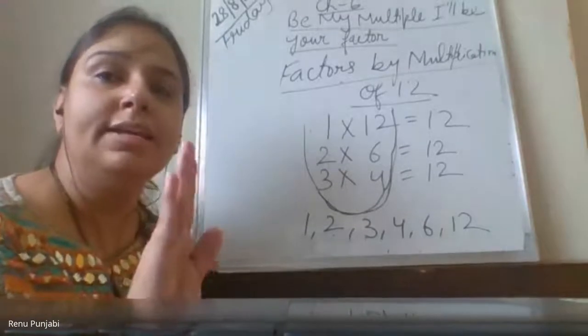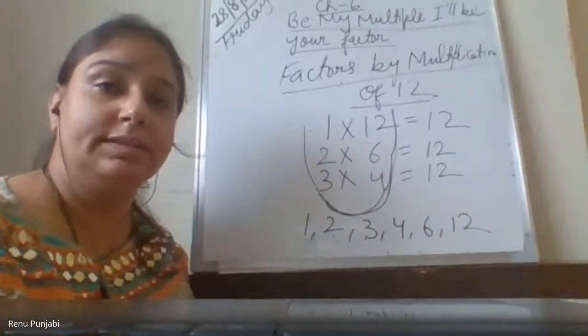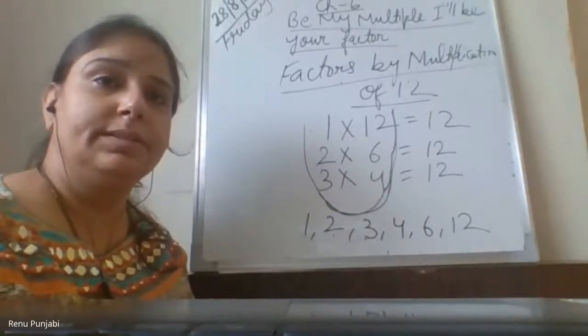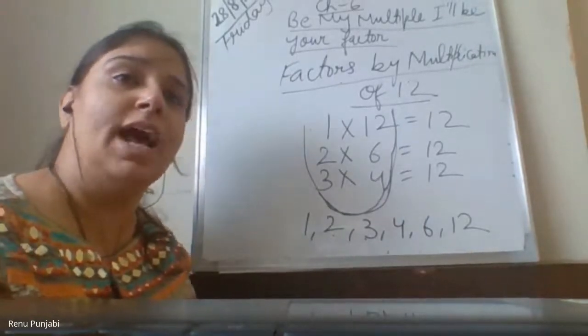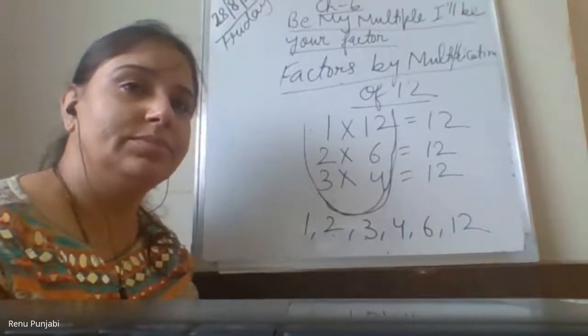Raise your hand. Yes, Vihan, tell me. Ma'am, first we'll do the U method and then on this side 1, 2, 3 and then 12, 6, 4 are the factors. Okay.